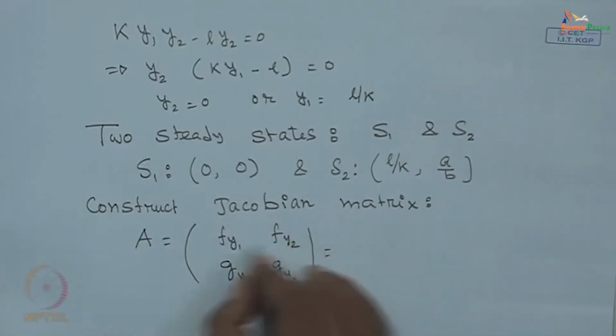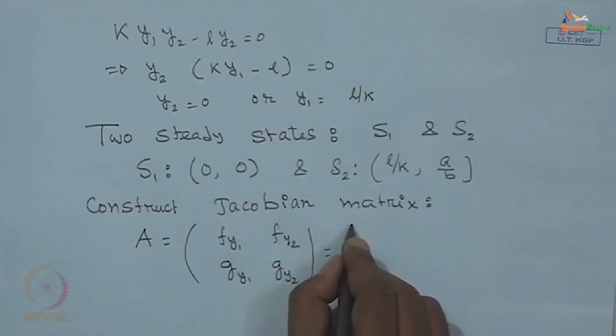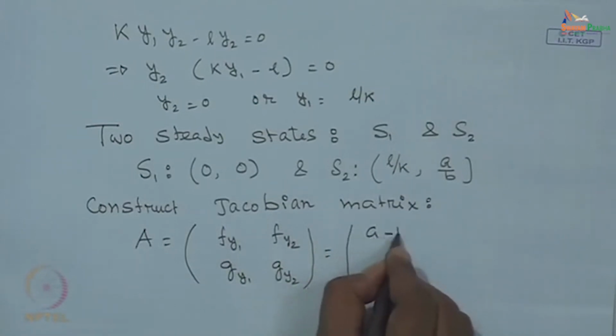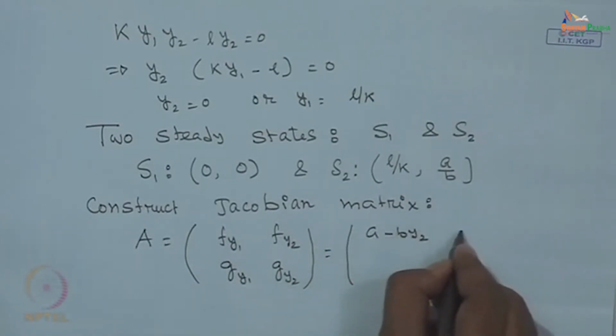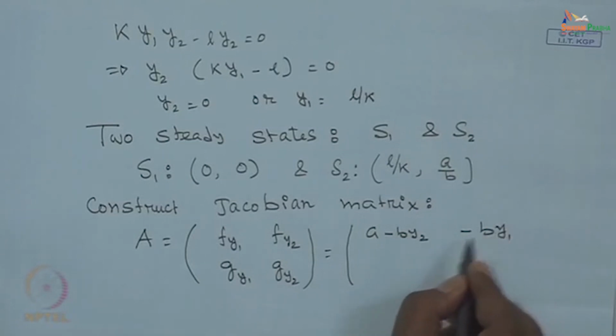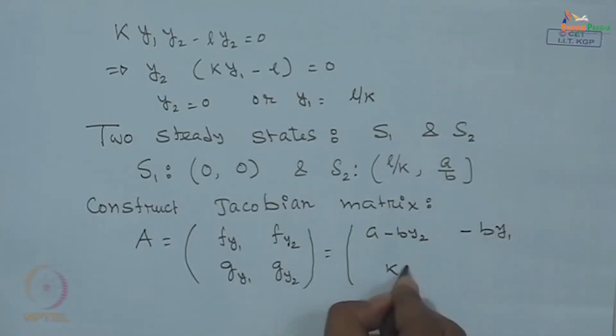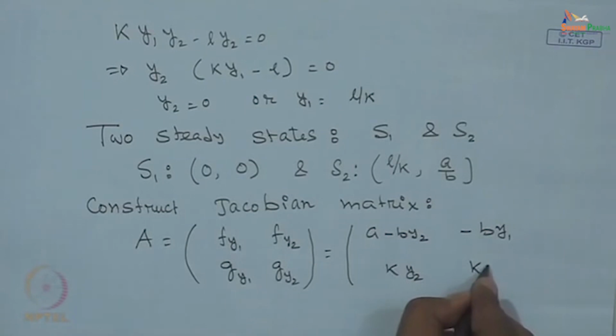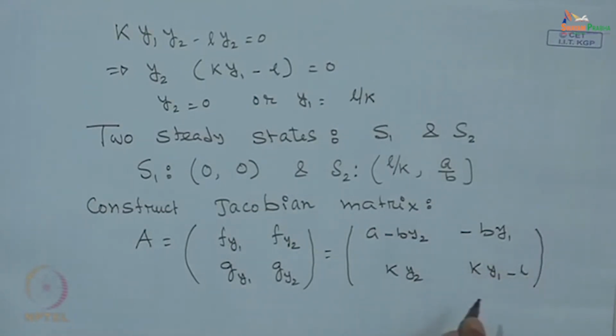So, this will be del f/del y1, del f/del y2, del g/del y1, del g/del y2. So, this will be a - b y2, -b y1, k y2, k y1 - l. So, this is the construction of the Jacobian matrix.